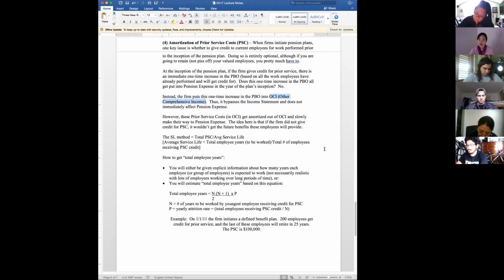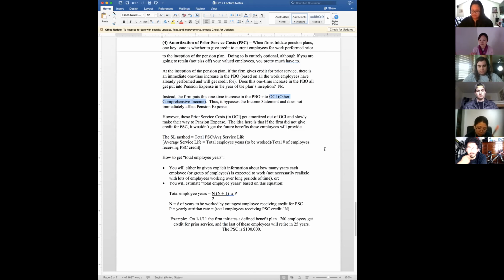What the capital market is more concerned about is earnings per share, which is based on our net income number. Therefore, if we don't make this one-time expense show up suddenly in the income statement, but put it into the other comprehensive income account in the balance sheet, that will not have a dramatic effect on our earnings per share.